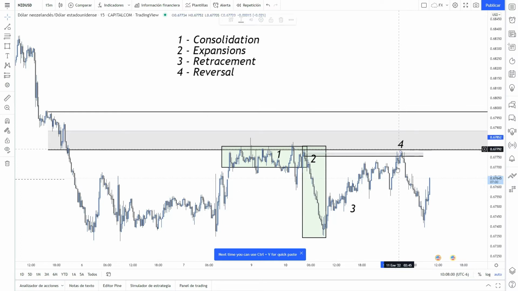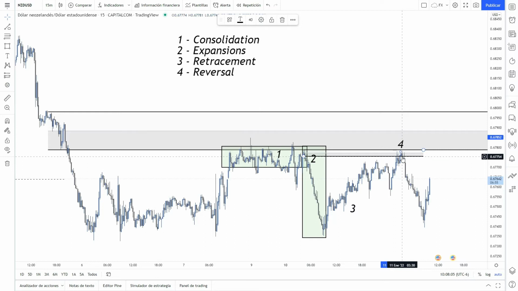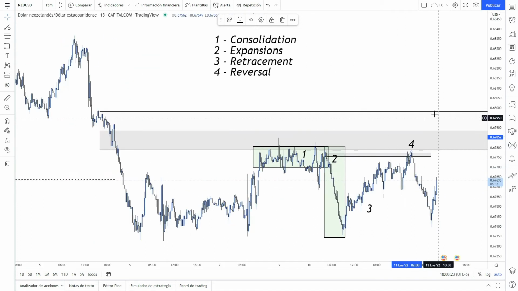Number 4. This is where your limit order should be placed. Okay? So when we identify our price cycle, we know what's going to happen next. So we have more probabilities. So this is how the price cycle looks. This can be found in all time frames, in all pairs.